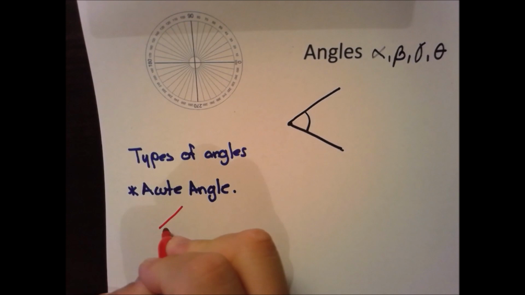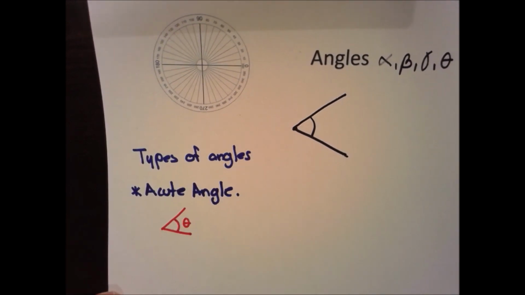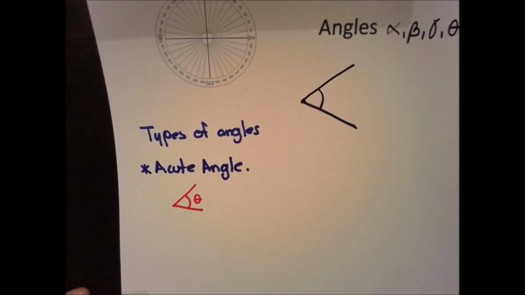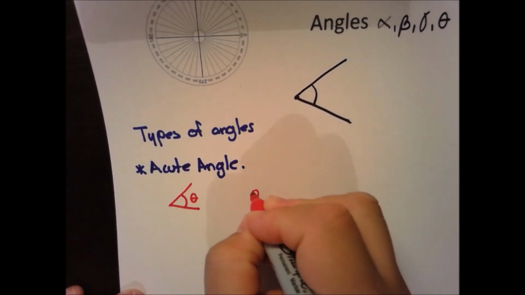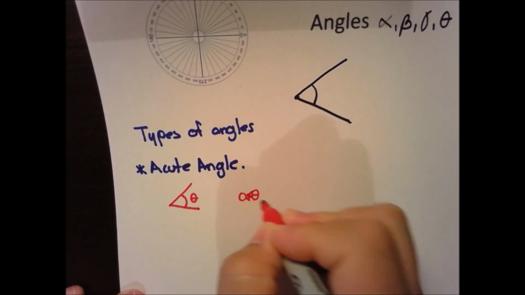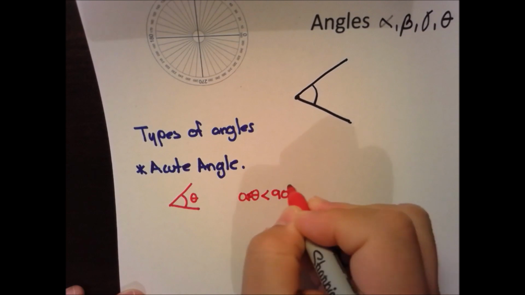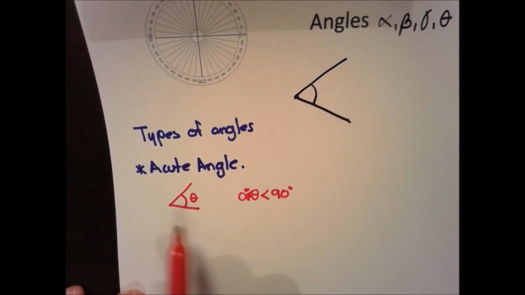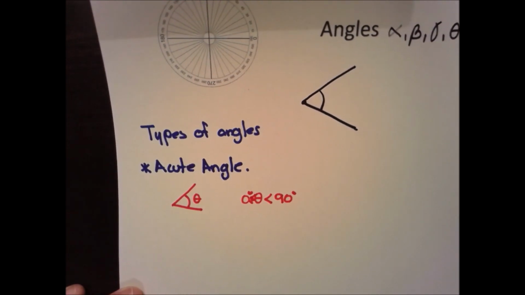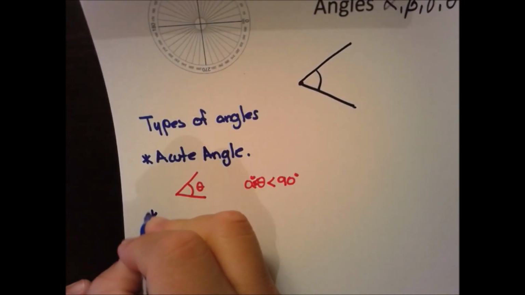And what is the characteristic of this acute angle? The angle theta is going to be more than 0 and less than 90 degrees. So this angle is going to be between 0 and 90 degrees.